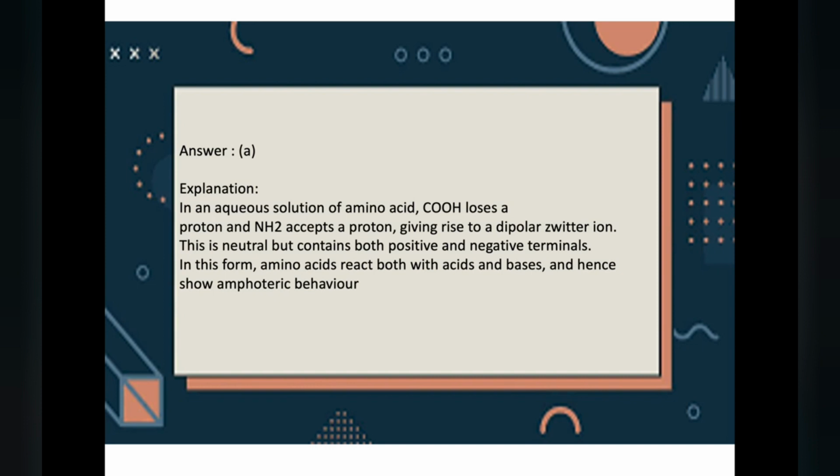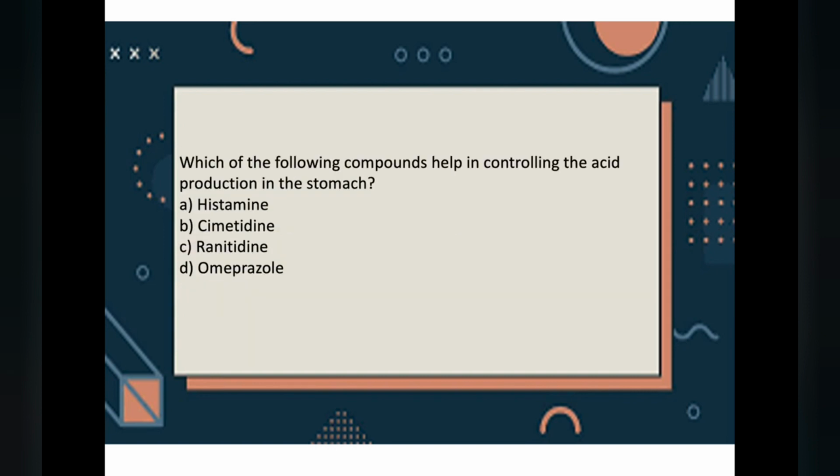The next one is: which of the following compounds help in controlling the acid production in stomach? Our stomach produces acid, and there are some compounds in our body which help in controlling it. Which is that compound?